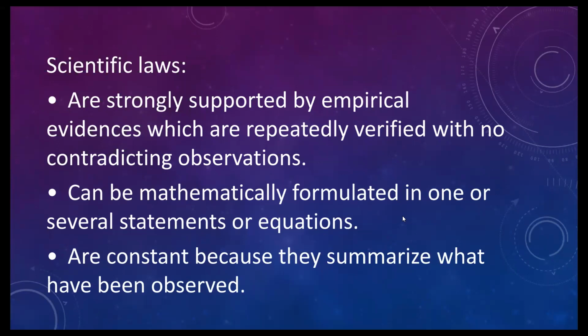What else? The gravitational law. Those are just a few examples which don't have contradicting observations. Second, it can be mathematically formulated in one or several statements or equations. Third, laws are constant because they summarize what has been observed.